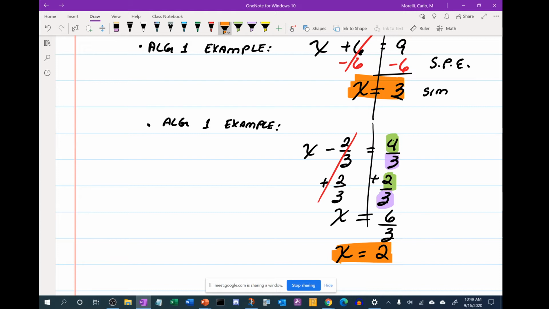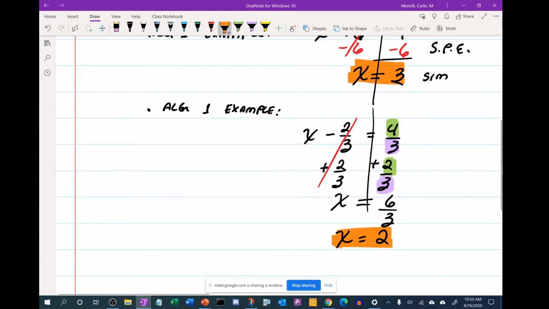I'm not making you do that check part right now, okay? Because I'm trying to keep us focused on this inverse thing. Okay, so do we understand when you have an x or some letter and then some plus or minus symbol and then some number, could be a fraction, all you do to get x by itself is you drop that additive inverse, whether it's positive or negative, okay?